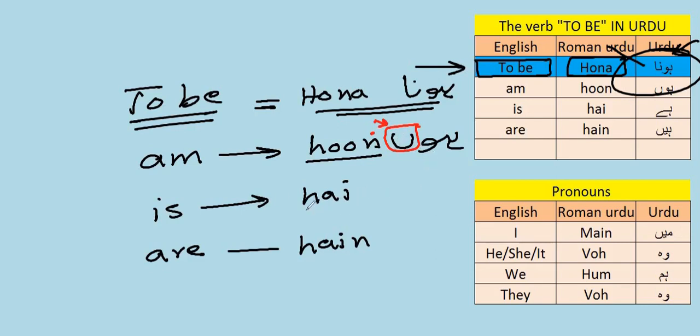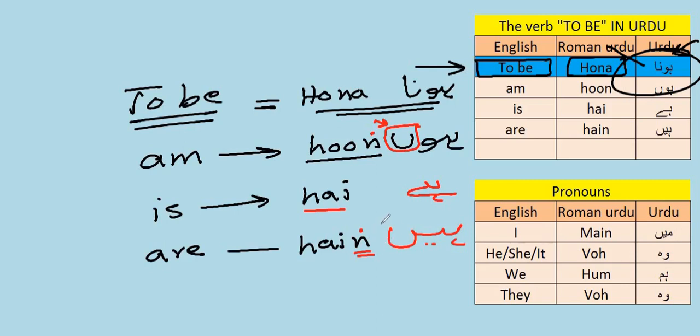Then similarly, this is hai, which we write in Urdu script like this, hai and ya. The last one, for are, is hain, with noon ghunna. This n having a dot on the top means we can pronounce it with nasal sound. Or if nasal sound is difficult for you, you can simply ignore it, because native people ignore the nasal sound in real conversation.